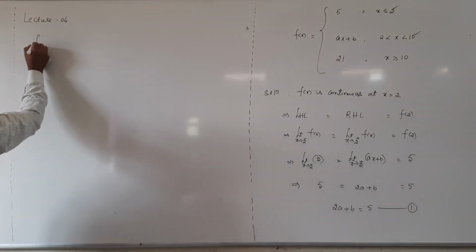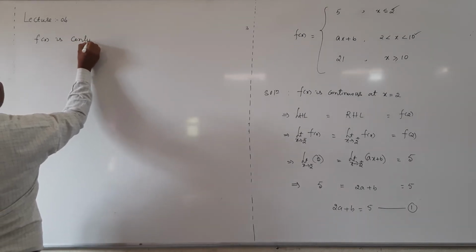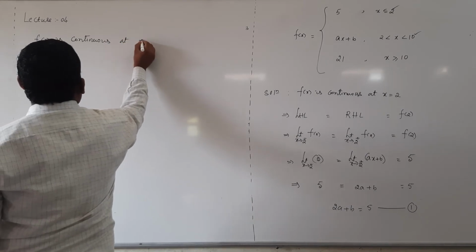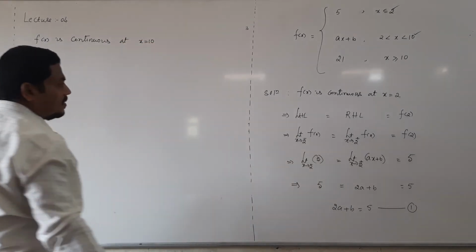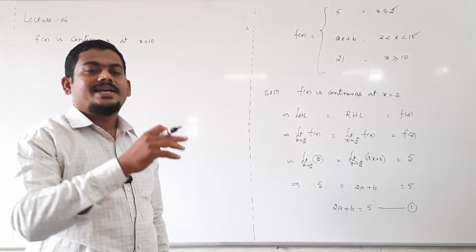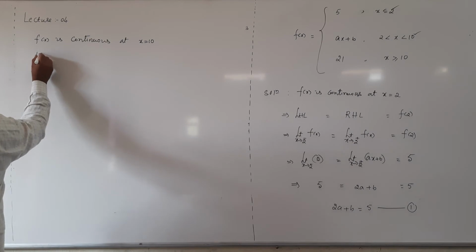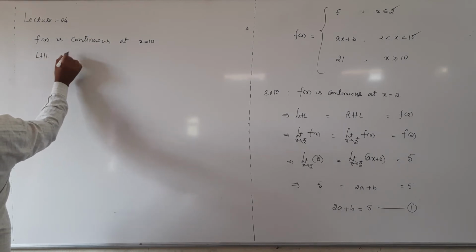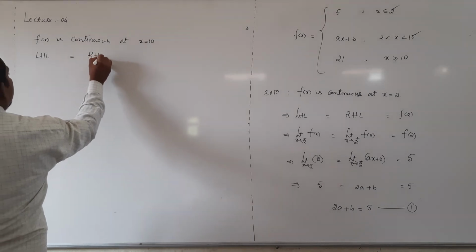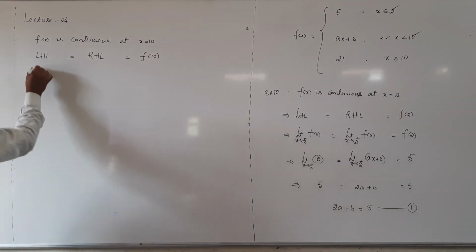Second condition: f of x is continuous at x equal to 10 also, because once a function is continuous in an interval, it is continuous at each and every point. So left hand limit equal to right hand limit equal to functional value, but here the point is 10, so f of 10.